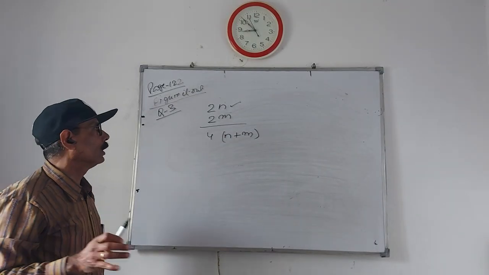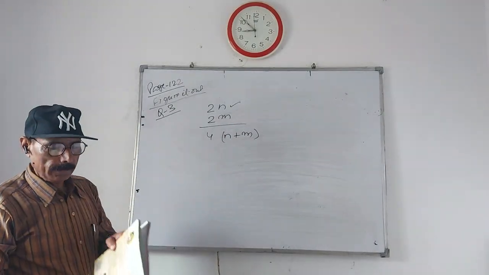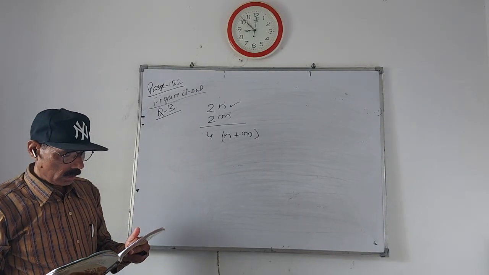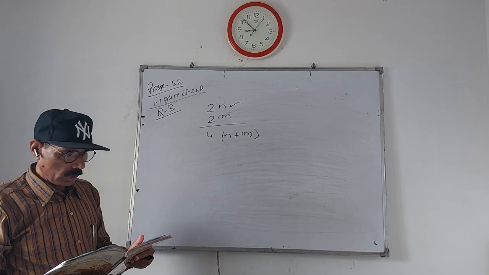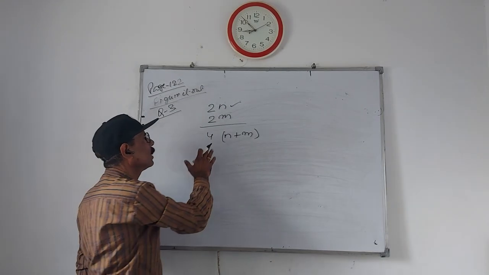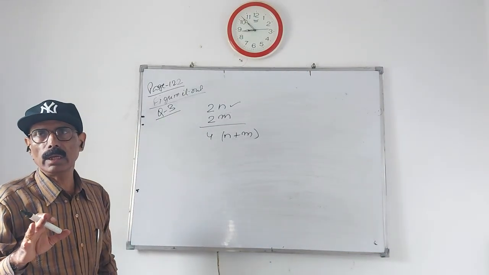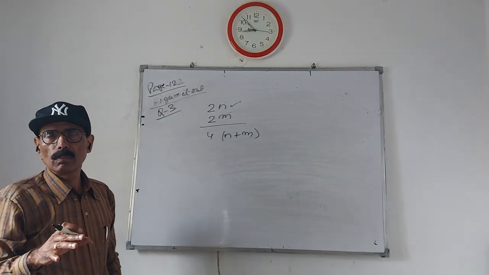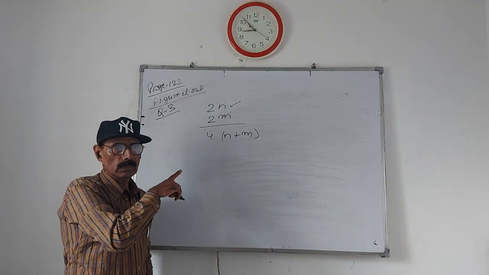Understood? So is this number divisible by, a multiple of 3? Is this number a multiple of 3 for different values of m and n? For different values of m and n, we can check this.